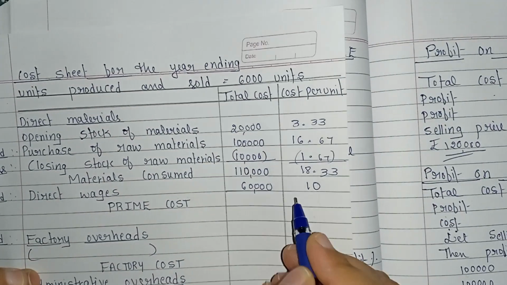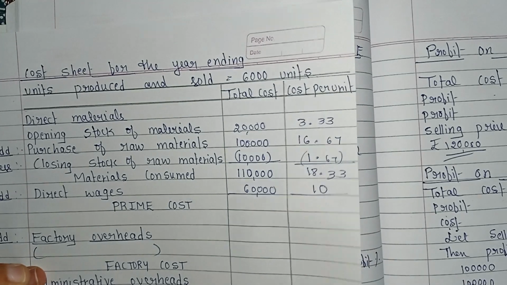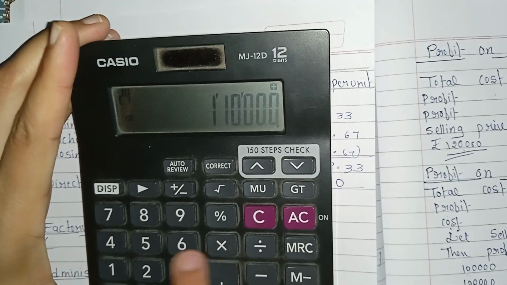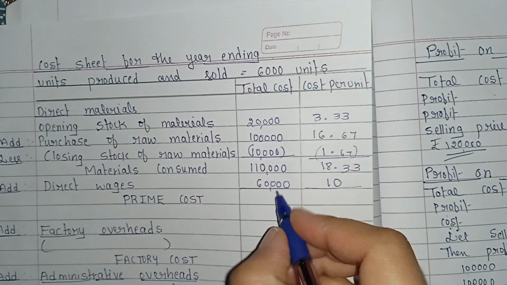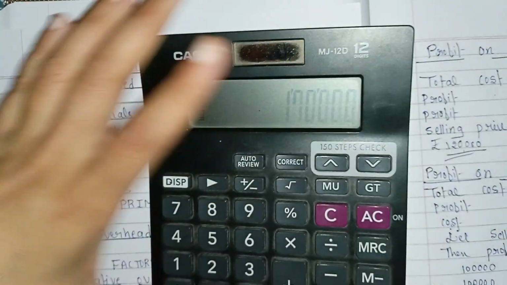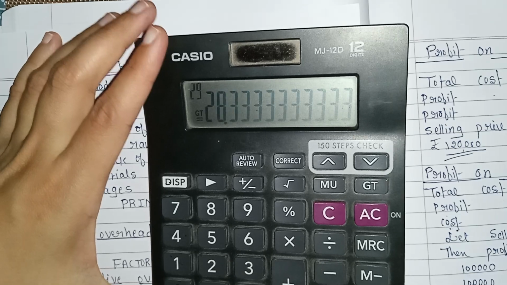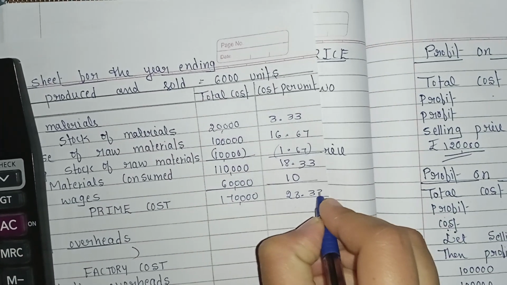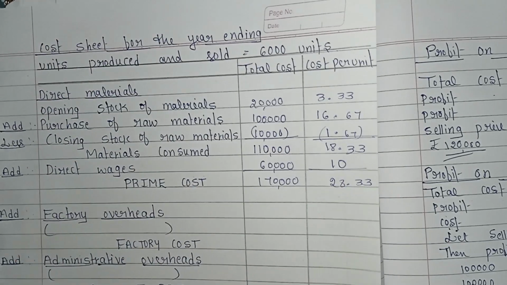Now adding direct materials and direct wages, 1,10,000 plus 60,000, rupees 1,70,000 is our prime cost, divided by 6,000 gives 28.33 as the cost per unit of prime cost.